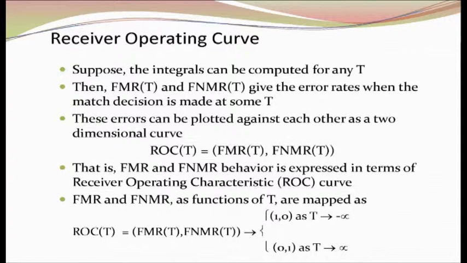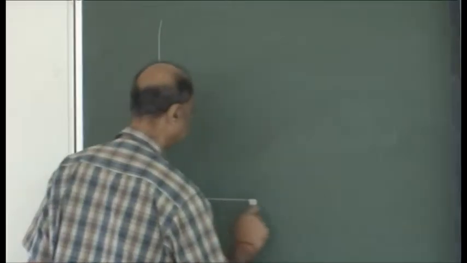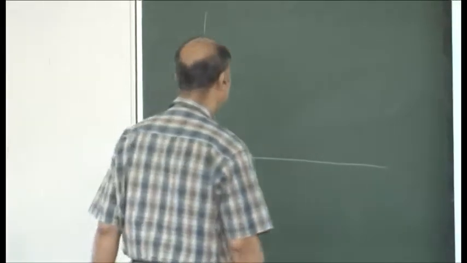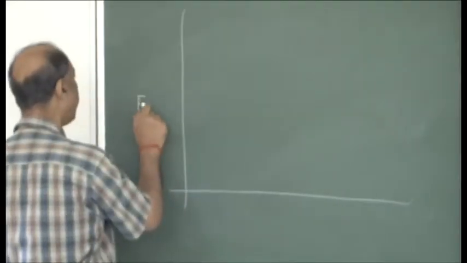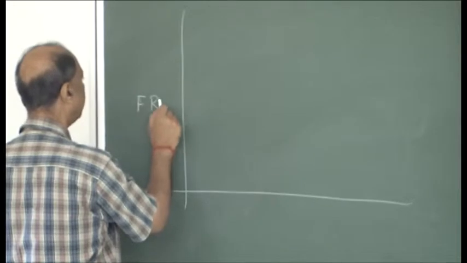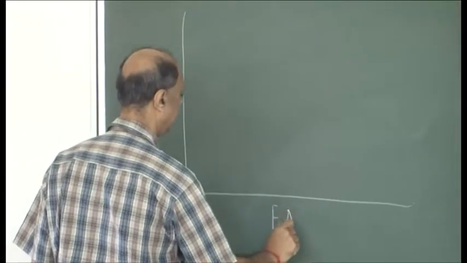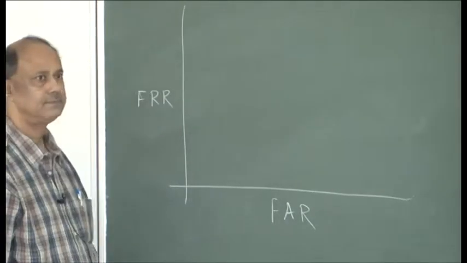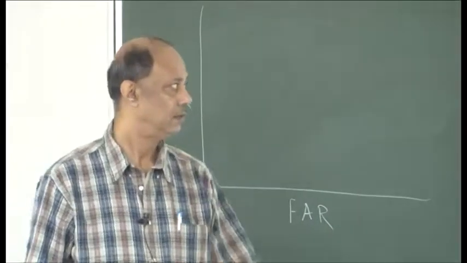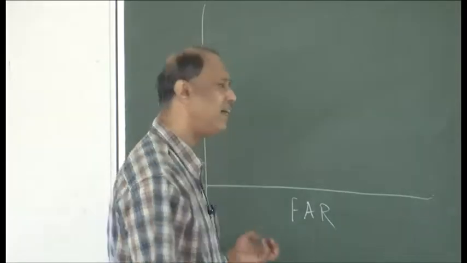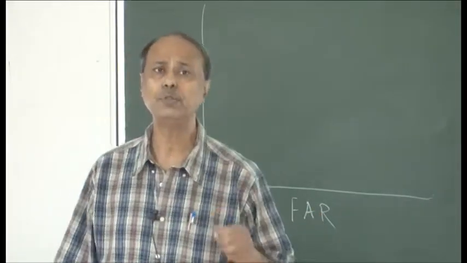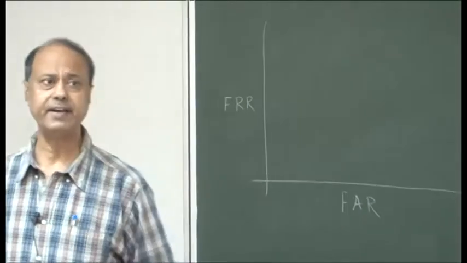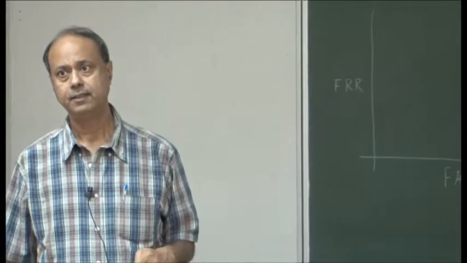Now, this FAR and FRR graph also can be represented in a different way, which is known as the receiver operating characteristic graph or curve. So, this ROC gives you that at different threshold values, as I told you, if I know the threshold value, I know what FAR is and what FRR is.